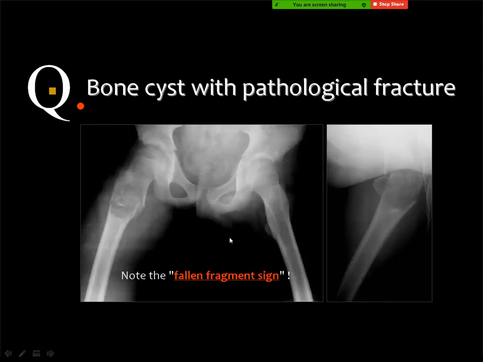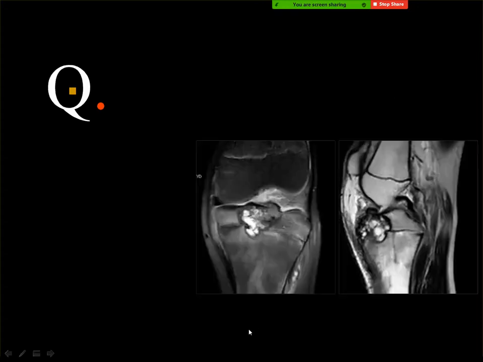But be careful in the diagnosis. Whenever you see a lesion like this, aneurysmal bone cyst contains fluid levels without a fracture, but the simple bone cyst contains the fluid level with a pathological fracture. This is one of the important differentiating points.